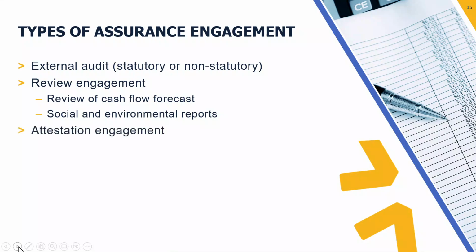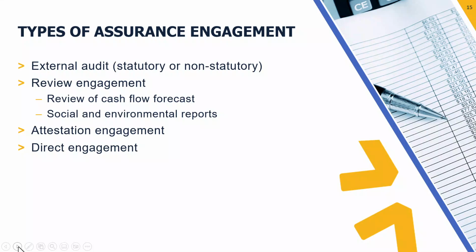We then have an attestation engagement and direct engagements. Now, these are similar, but the main difference is thinking about who is actually doing the measuring of the underlying subject matter against the criteria, so who is doing the comparison. When we have an attestation engagement, that first one, an example would be thinking in more detail about those social and environmental reports or a sustainability report.